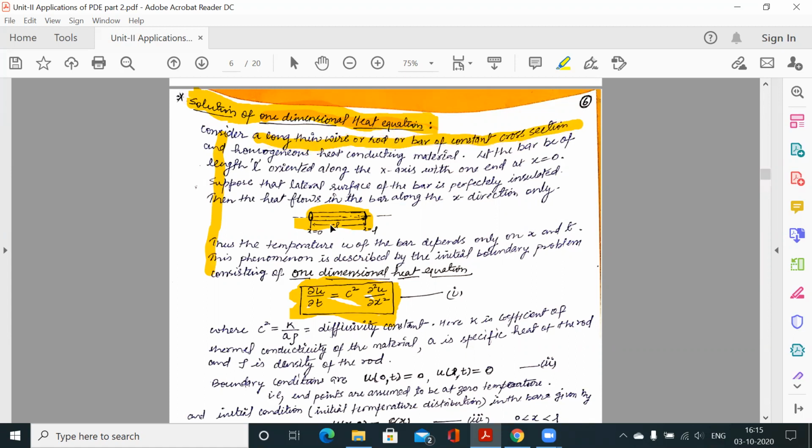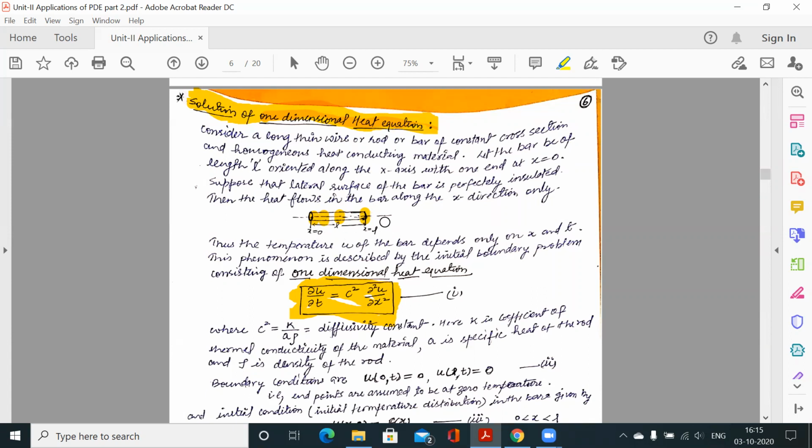Constant cross section means that at each point of the bar, it has equal diameter, whether here or here or anywhere. So the dimensions are equal.